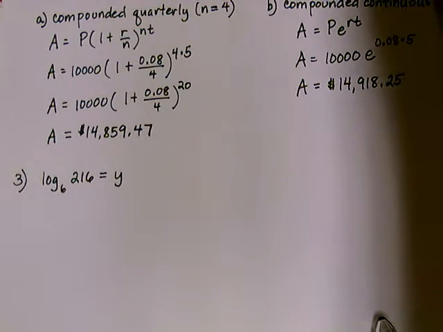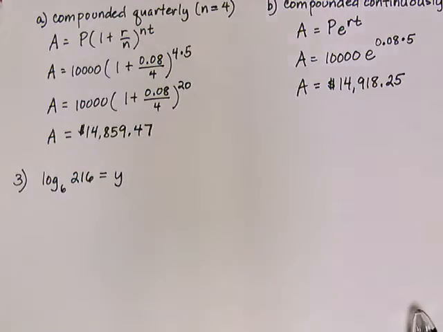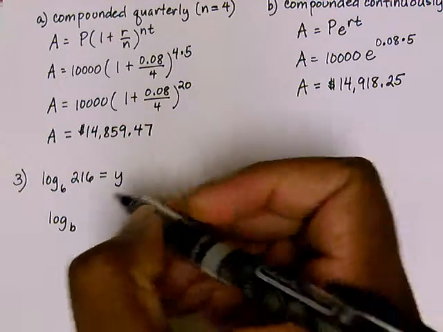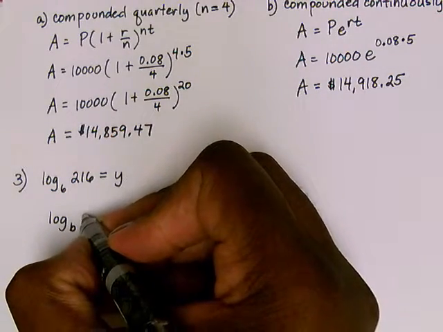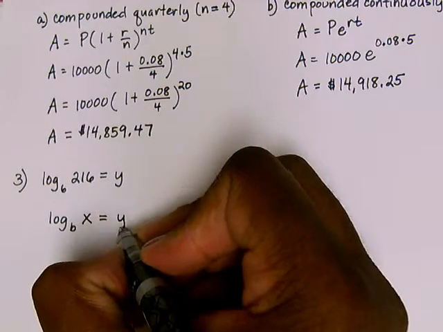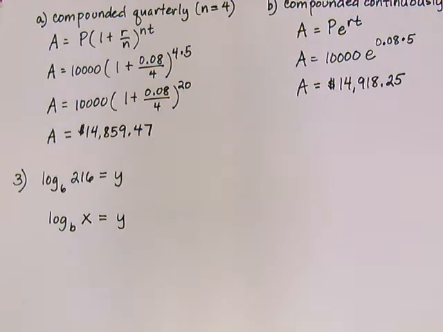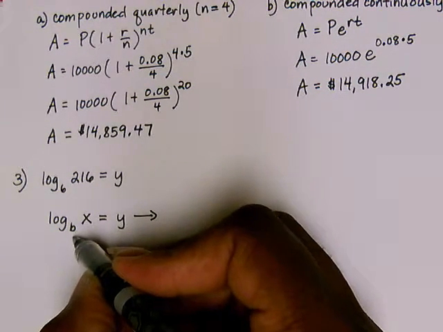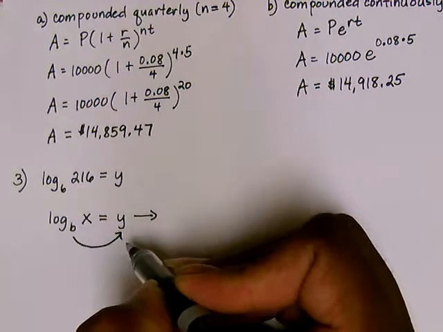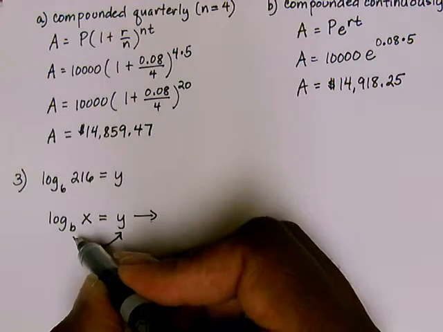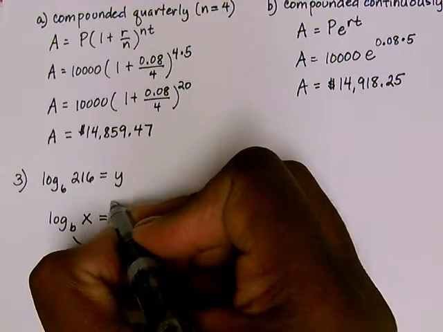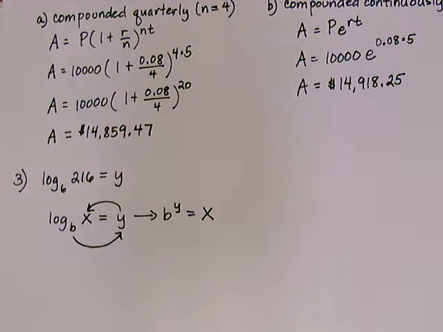Well, there is this rule that says if you have log to the base b of, let's say, x equaling y, and I want to write it in its equivalent exponential form, I do this. The subscript for the log is your b, that's your base. What's after the equal sign is going to be the exponent for that base. So it'll be b to the power of y equaling x.